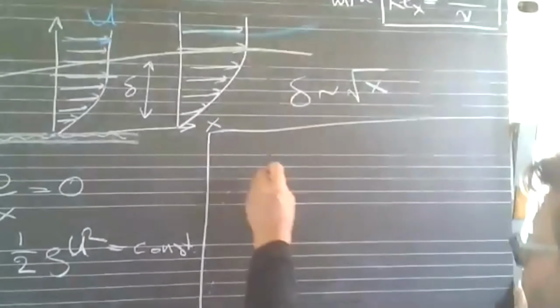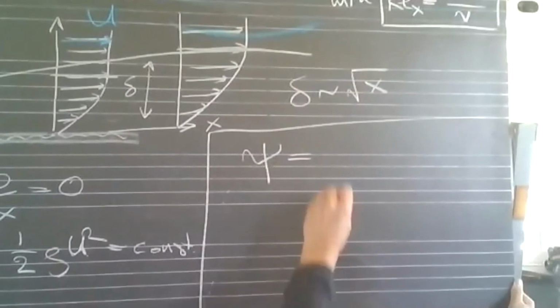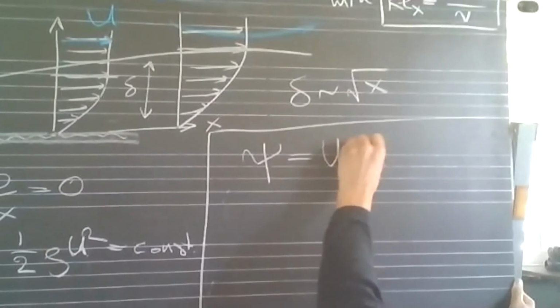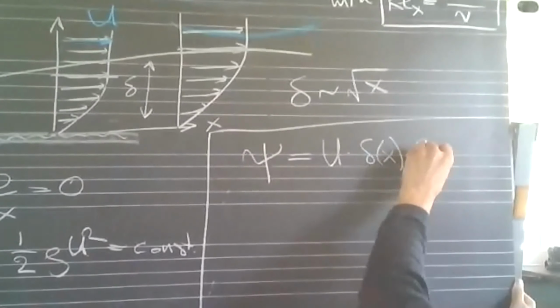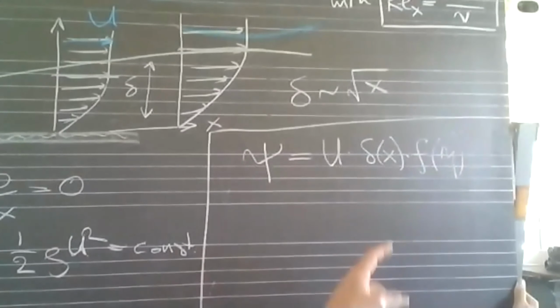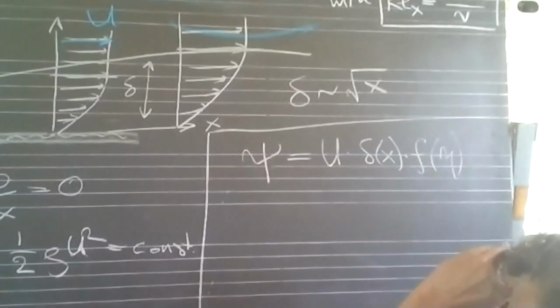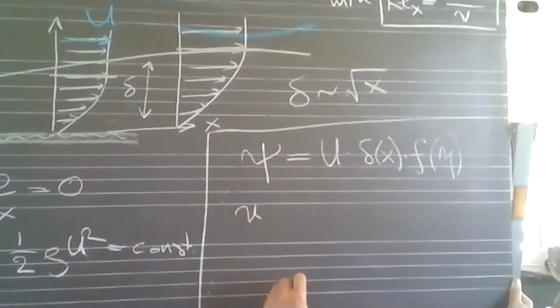So for the ansatz, psi equals u times delta of x times f of eta, eta being the new normalized coordinate. We can also write down an expression for u.